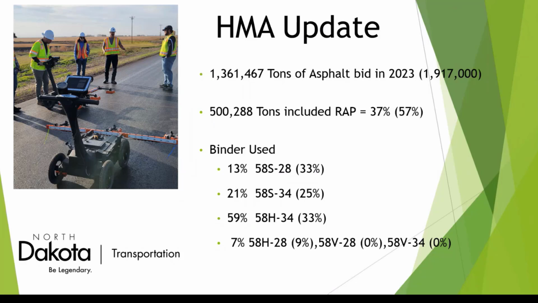So that's one thing to keep an eye on when you get your project plans and notes and you look at them: pick off that PG grade. And as you can see, a lot of it now, 2/3 of it, is getting into the 58H or higher grade. The numbers in parentheses are last year's numbers. So you can see almost 1/3 of it in 2022 is 58S-28.